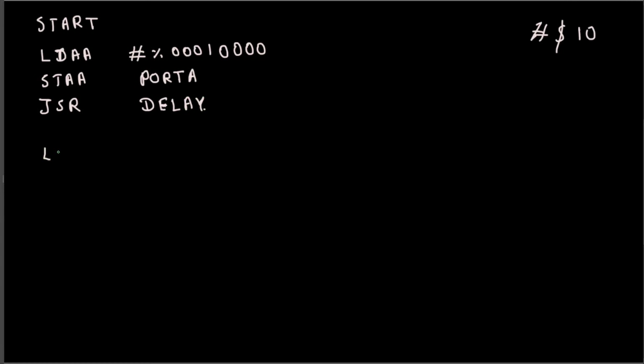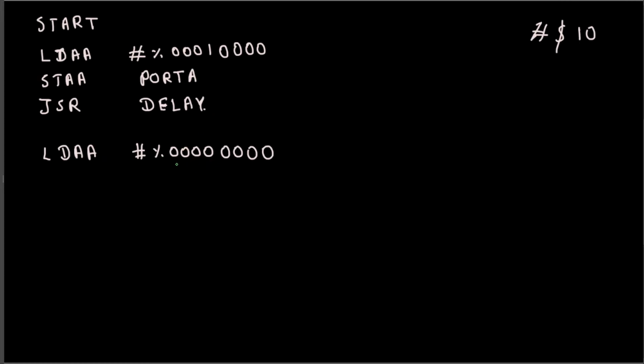Then LDA, now we are setting the PA4 low, that's 0. Okay, it's 8 bits and it's 2 digits in hexadecimal because hexadecimal represents 4 bits per digit.